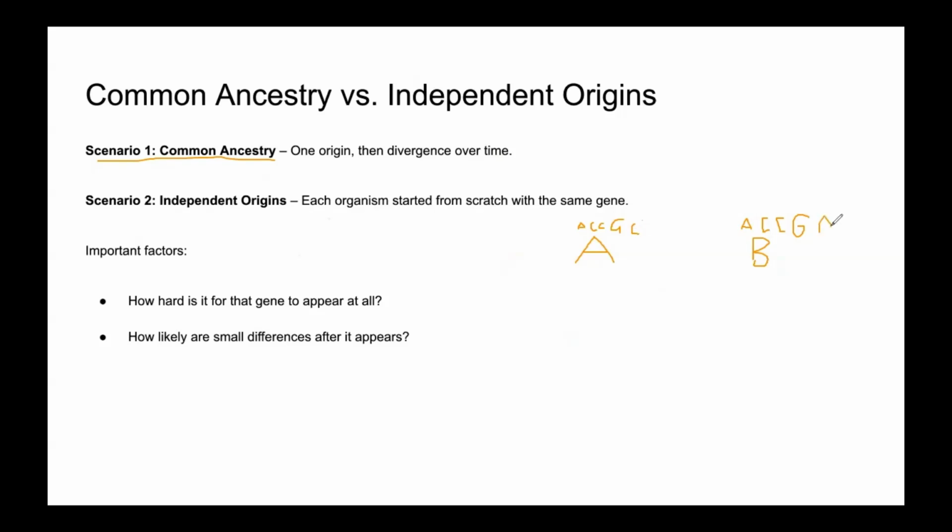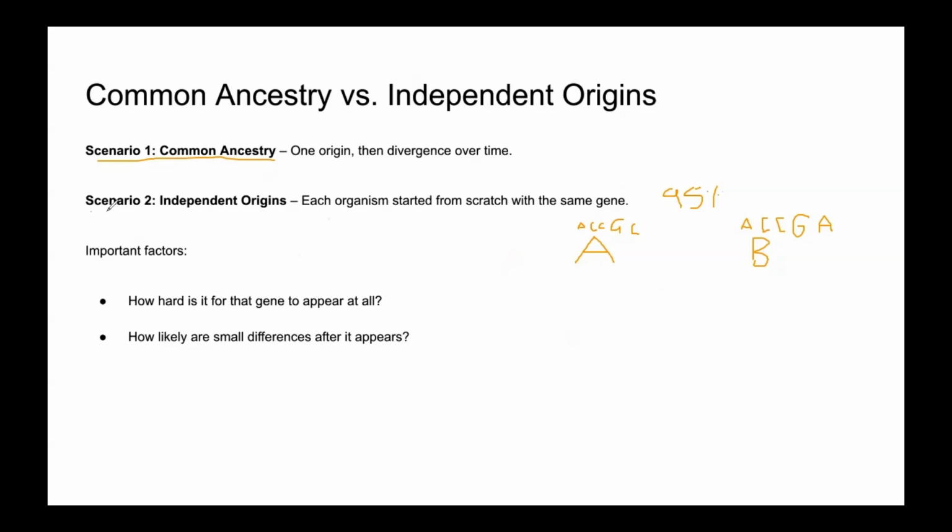Let's give this an A. All right. So once again, we have organism A and organism B. And both A and B have a 95% identical similarity in their genome, right? Now, again, the question is, this similarity cries out for an explanation.